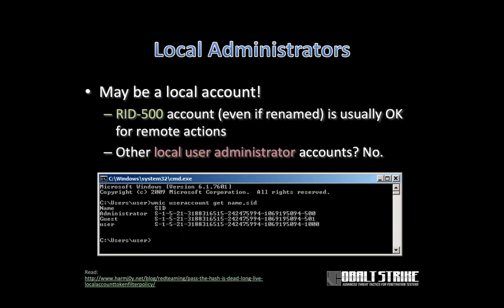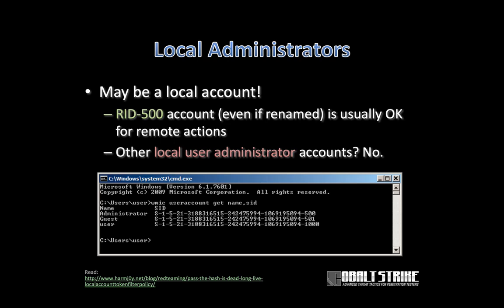I do want to touch on local accounts that are in the administrators group on an endpoint and what you can or can't do with those. If you have a password or password hash for a local account, and you think that that same password or hash can be used to authenticate to another system because it has the same local account with the same credentials, here's what you need to know.